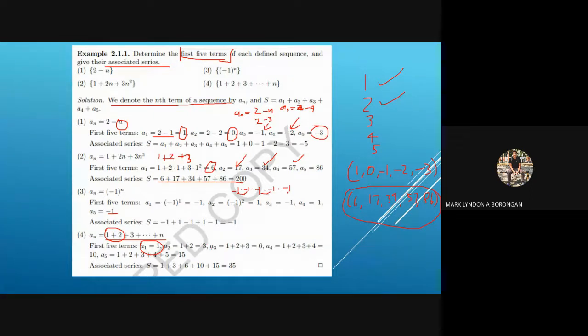For the third term, a sub 3, 1 plus 2 plus 3, which is equal to 6. Next, a sub 4, 1 plus 2 plus 3 plus 4. And lastly, a sub 5, 1 plus 2 plus 3 plus 4 plus 5, which is equal to 15.